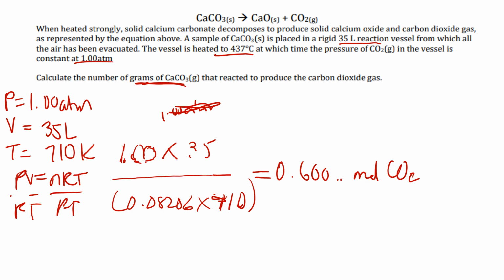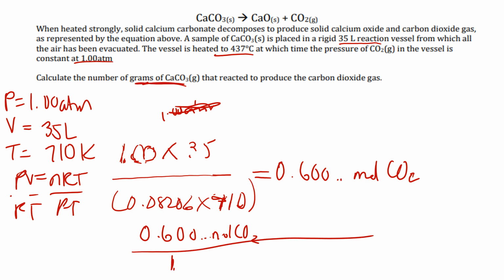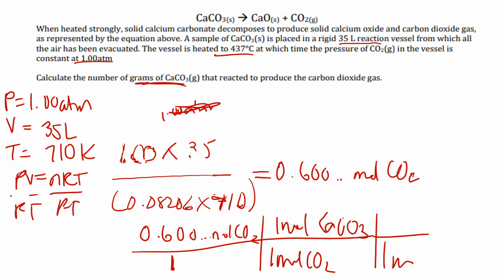Now you're going to do some stoich. So 0.600 moles of CO2 over 1. In 1 mole of CO2, you have 1 mole of calcium carbonate. And 1 mole on the bottom of calcium carbonate, and on the top will be the molar mass, which is 100.09 grams of CaCO3.